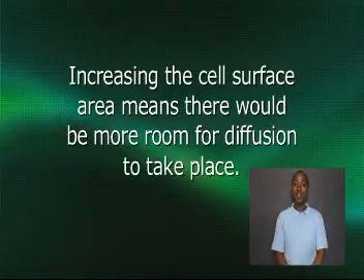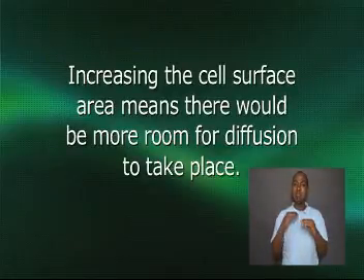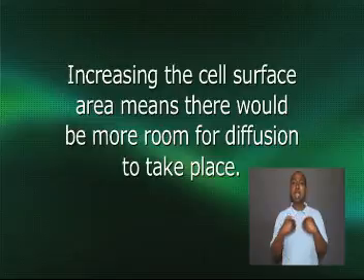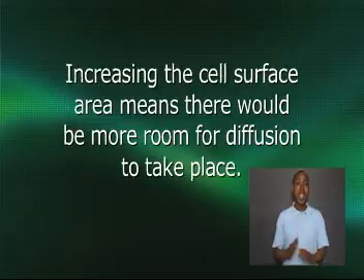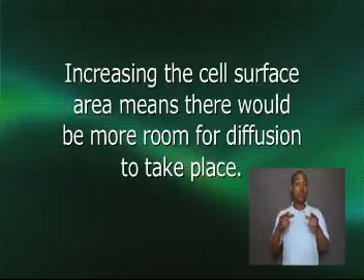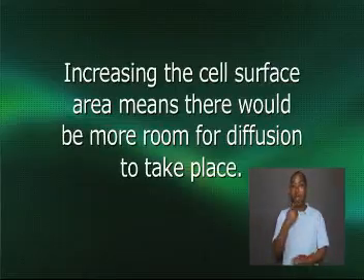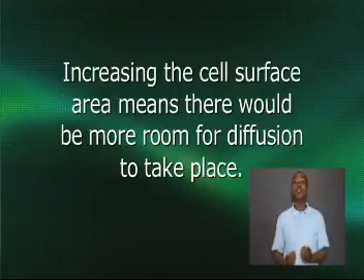Since only a limited amount of particles diffuse over a given surface, increasing the surface area means more room for diffusion to take place. Tissues and organs adapt in similar ways to ensure diffusion happens efficiently.